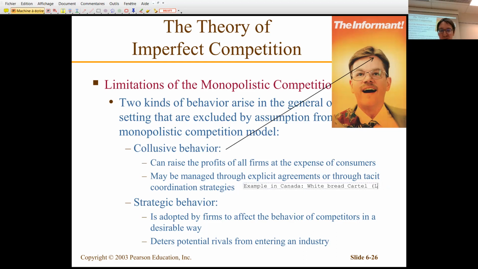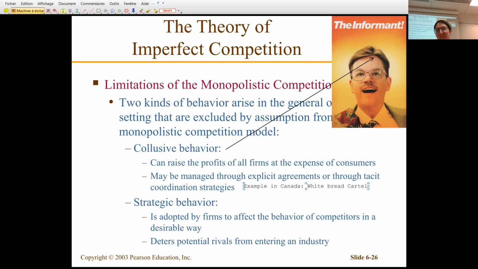I don't know how to write Loblaws. Anyway, so that's a cartel of grocery stores that were selling white bread. And they said, yeah, our white bread is mostly the same, so let's not compete against each other. Let's just put the price higher, sell less, but then divide the profits among ourselves. And yeah, they were caught eventually.